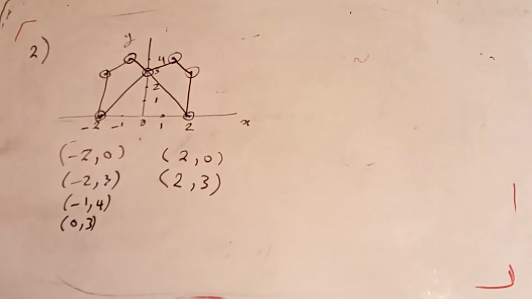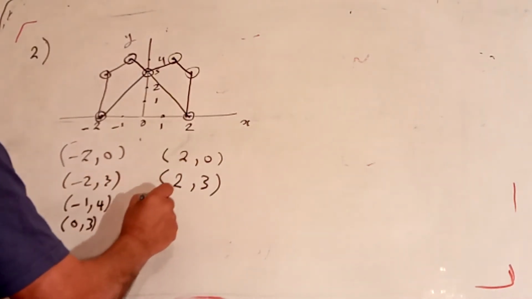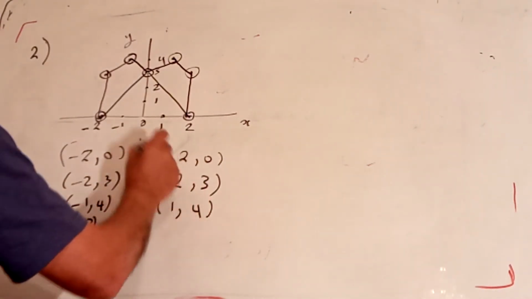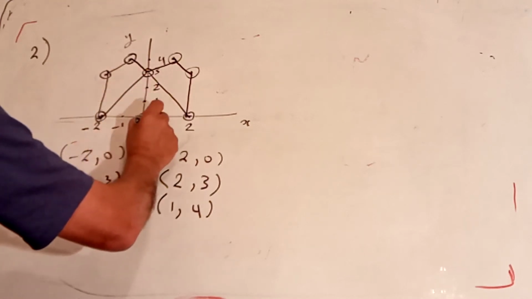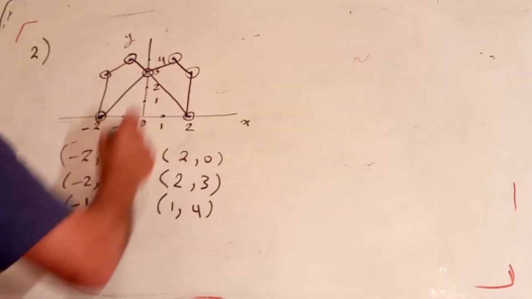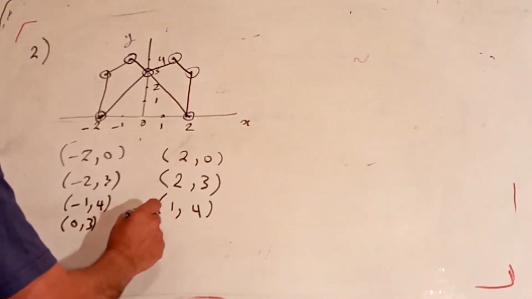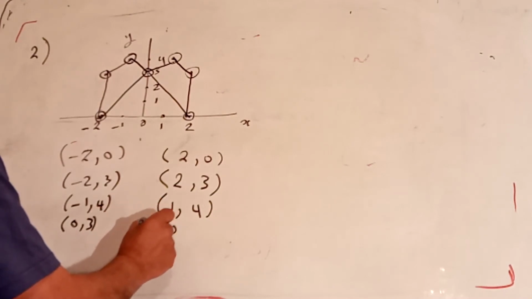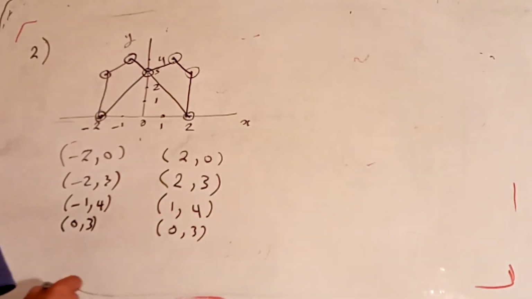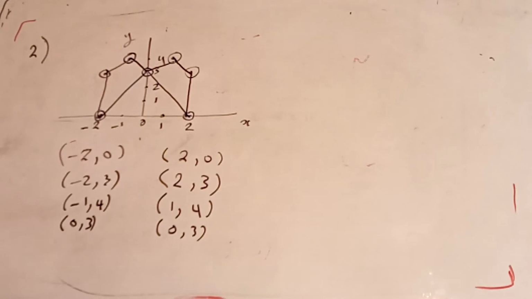This was reflected to 1 and 4, this point here. And this point was reflected to 0 and 3. It does not change because it is on the axis, x is still 0, so it was not reflected. These are the points. This is number 2.